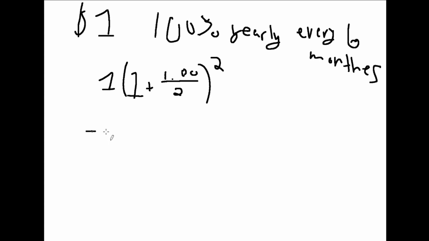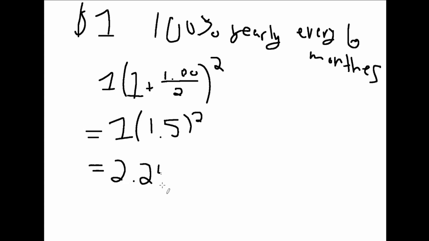So this will just equal 1 multiplied by 1 plus 0.5, which is just 1.5 squared. 1.5 squared is 2.25. 2.25 multiplied by 1 is just the same thing. So we'll have $2.25 at the end of the year, since it was compounded every 6 months. So 2 times in that 1 year.